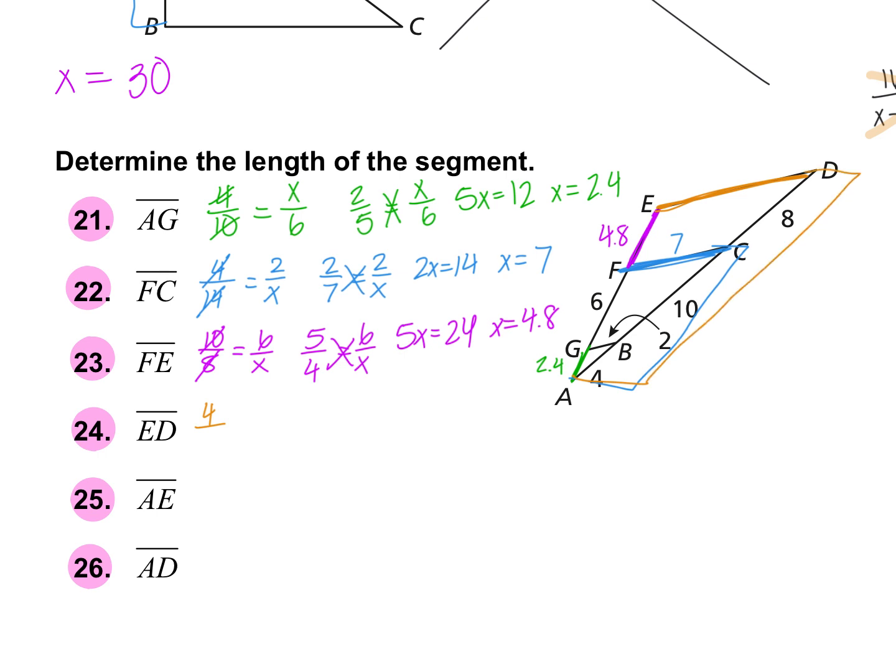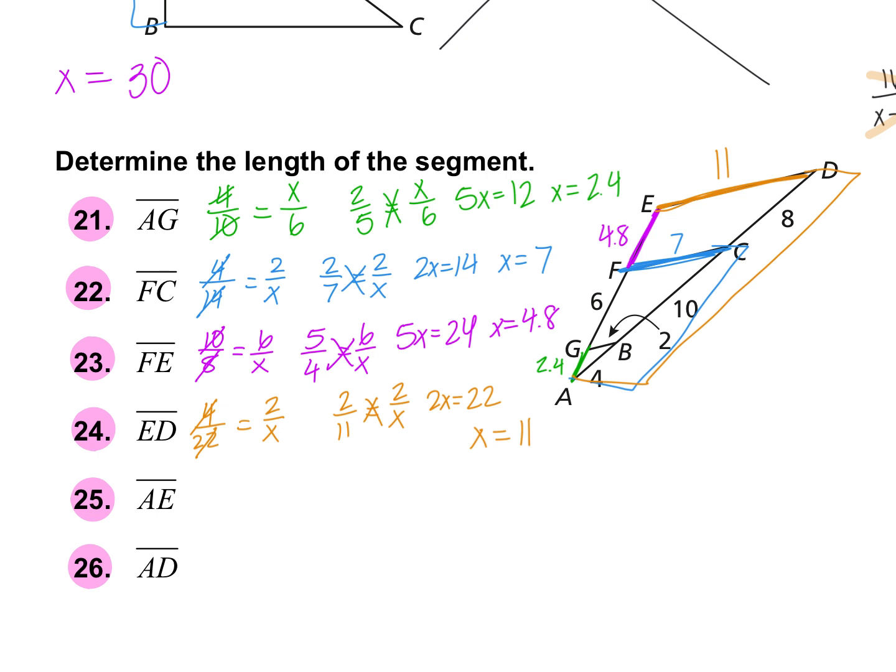So add everything. 4 plus 10 plus 8. 22 equals 2 over x, simplify. 2 over 11 equals 2 over x. Cross multiply. 2x equals 22. X equals 11. Any questions on those 4?